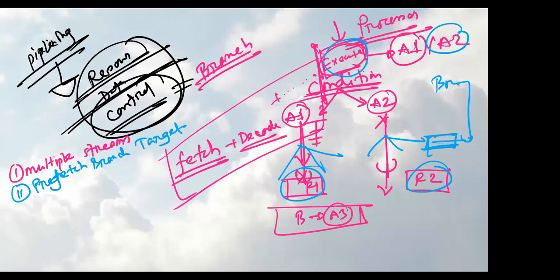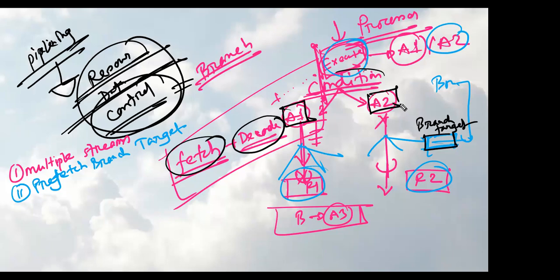So this instruction is named as branch target. So I know I have faced one branch instruction, and I know from this decode part, it may follow A1, it may follow A2.